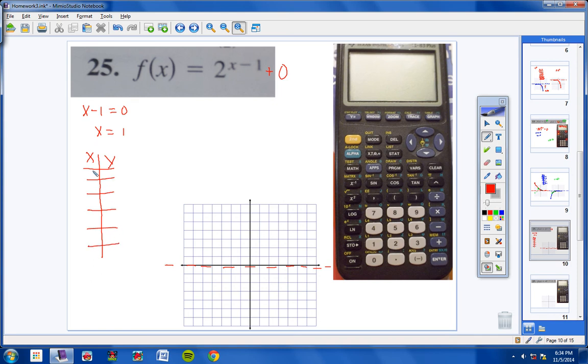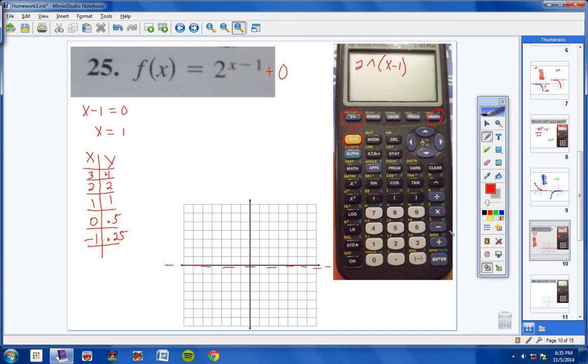So my middle value on my x values will be 1. So we'll put a 3 here, 2 here, 1 in the middle, 0, negative 1. Now, in your calculator over here, hit y equals, then type in 2, then arrow, then parentheses, x minus 1. Okay, then hit second, and then table should pop up, and your table of values should look like this. 4 here, 2 here, 1 here, 0.5 here, and a 0.25 here, okay?